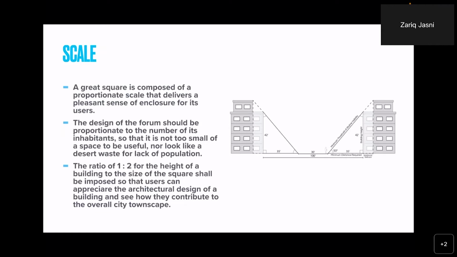We could delve deeper into each and every measurement to make sure that the square that we're designing is appropriate. But I think the ratio of 1 to 2 for the height of a building to the size of the square shall be imposed because it allows some breathing space between the building and the square itself, and for natural surveillance to happen.